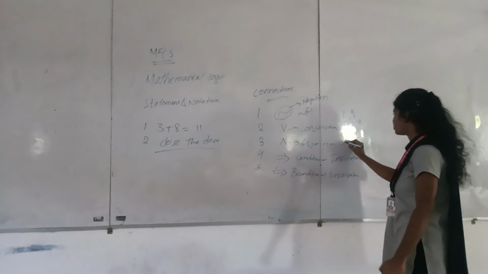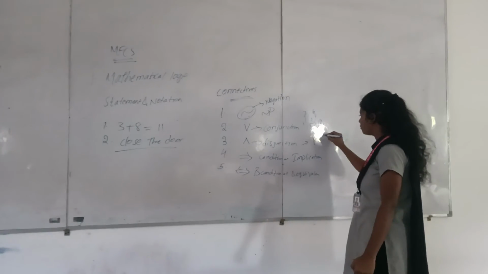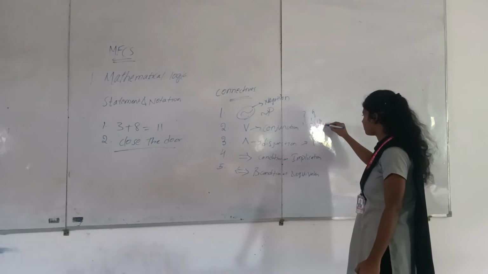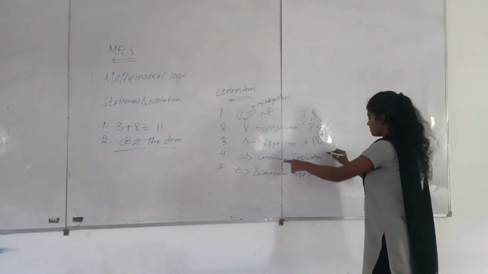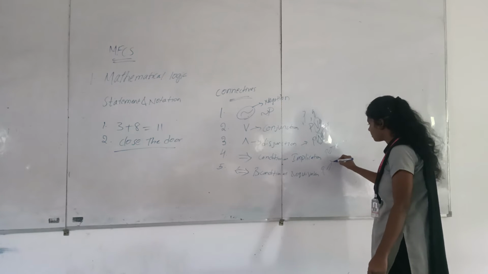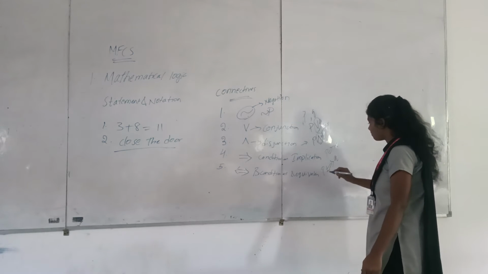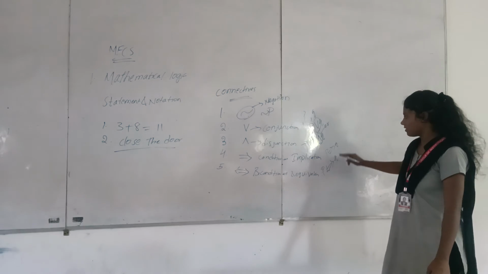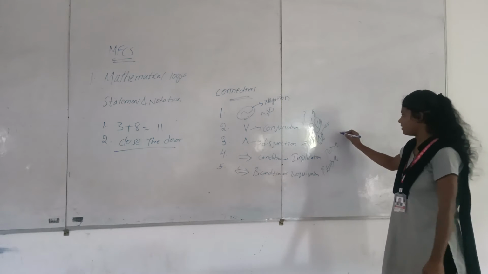Disjunction, P or Q, is called OR. This is P implies Q, and this is P if and only if Q, and if then.